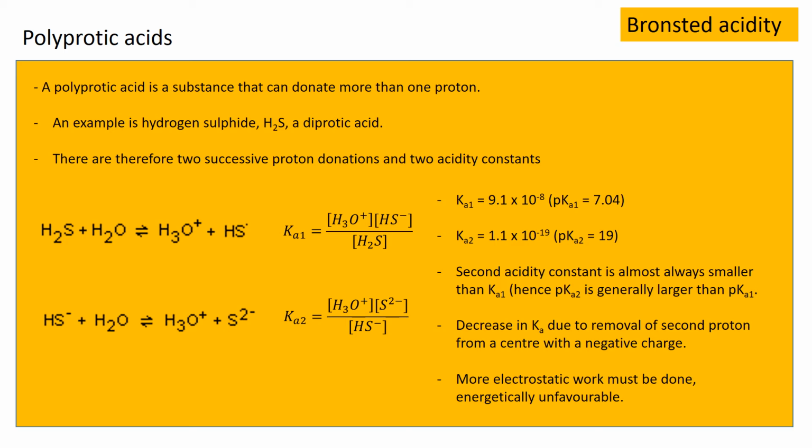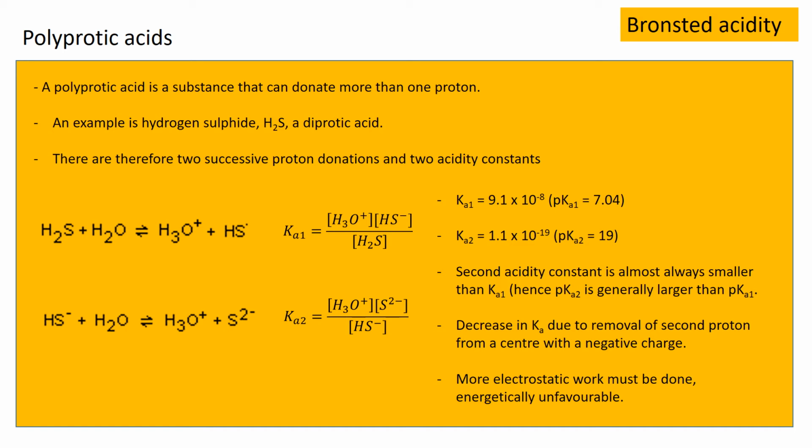And it's a very simple explanation. The removal of the second proton has to be from a center with a negative charge. So look at the first acidity constant. H2S plus H2O goes to H3O plus HS minus.